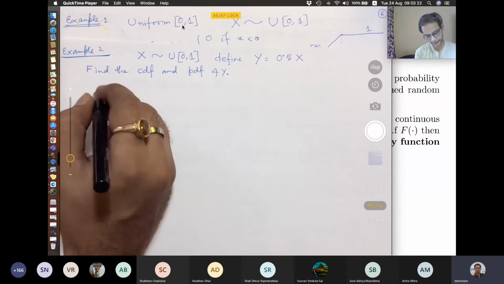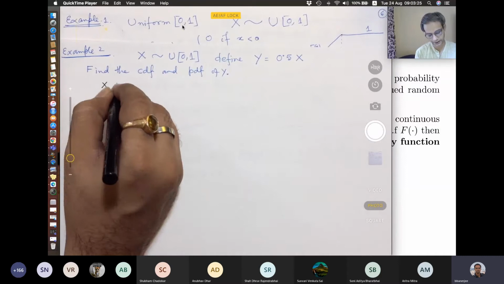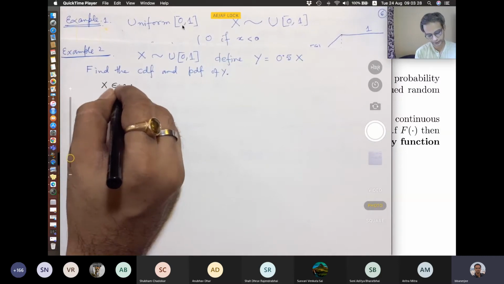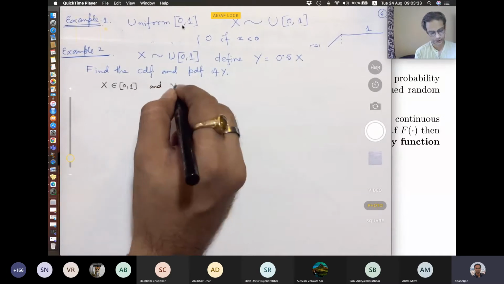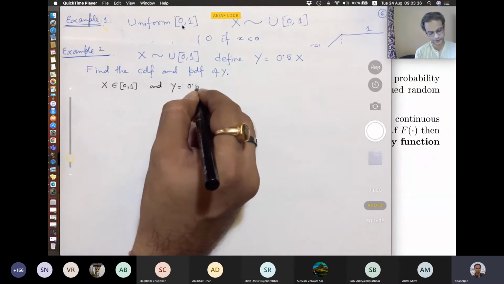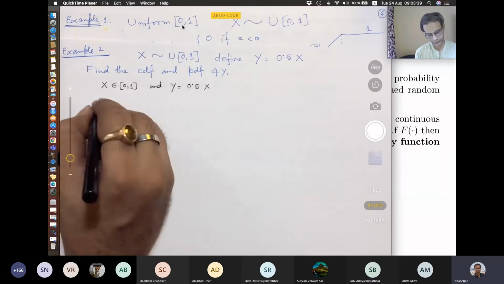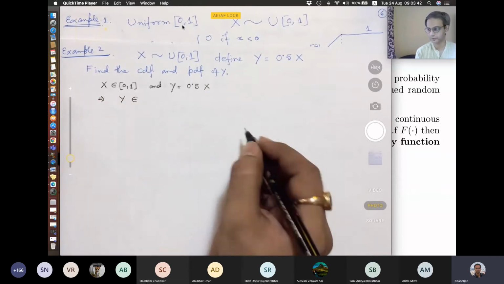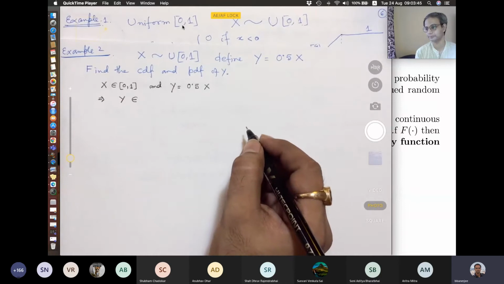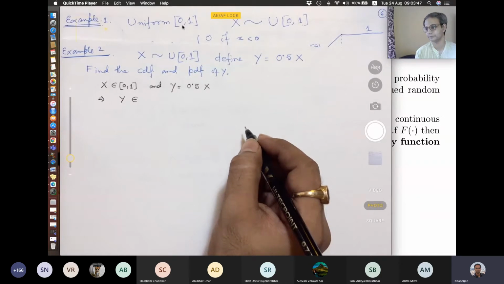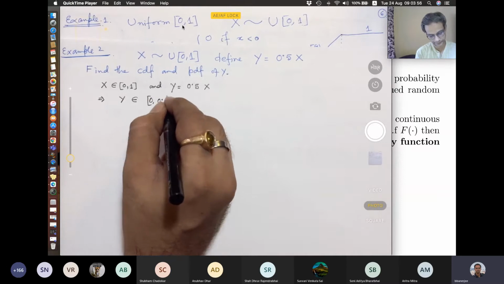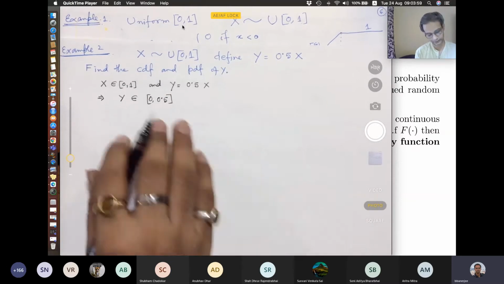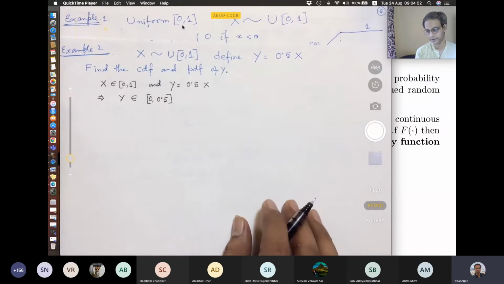What you need to know first is that x belongs to 0 to 1, and y equals 0.5 times x. So what is the possible range of y? 0 to 0.5, 0 to half. Correct. So here you have to be careful, the rest of the part will be trivial.